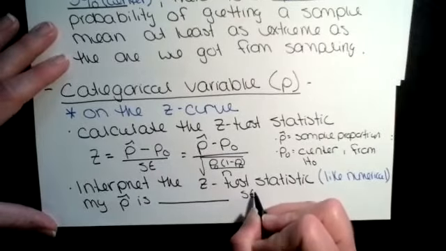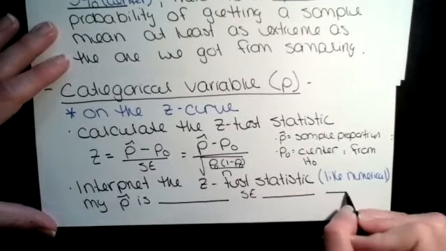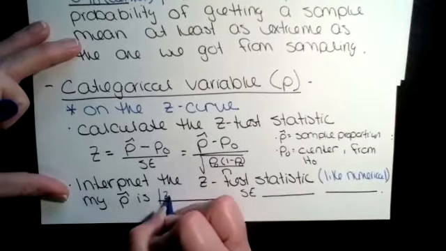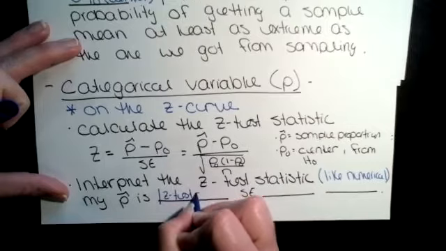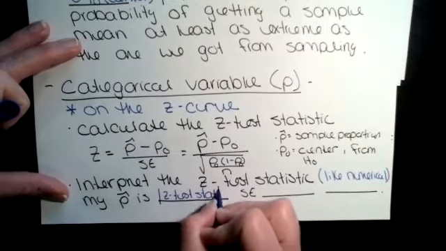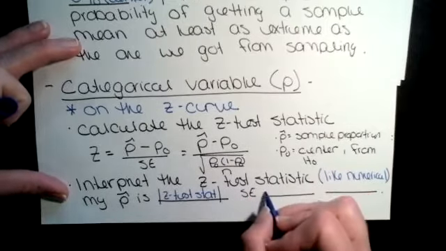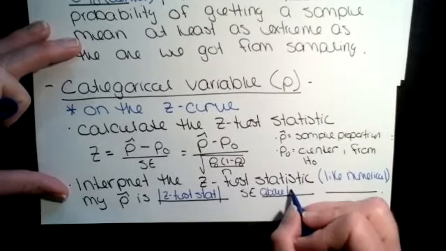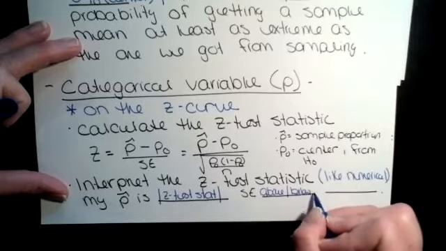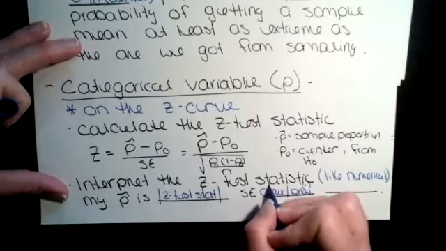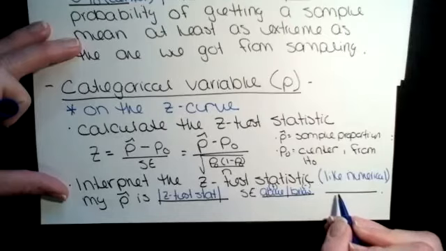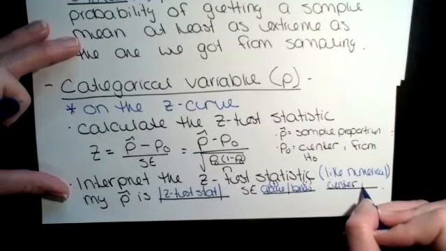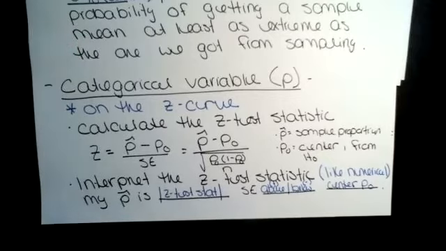You know, I start abbreviating. It's the absolute value of my z-test statistic in standard errors, and it's above, meaning my test statistic is positive, or below, meaning it is negative, my center. And the center here is P naught for my categorical data.